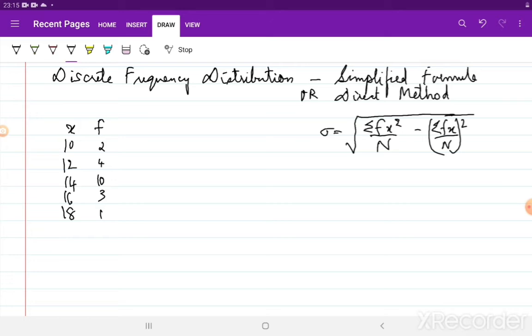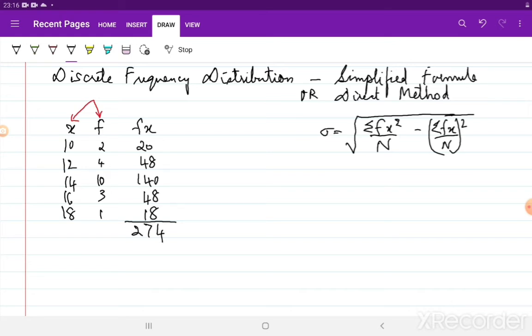So we need fx. These two columns are multiplied, so you get 20, 48, 140, 48 again, and 18, and you will need summation fx, so if you add it up you will get 274.